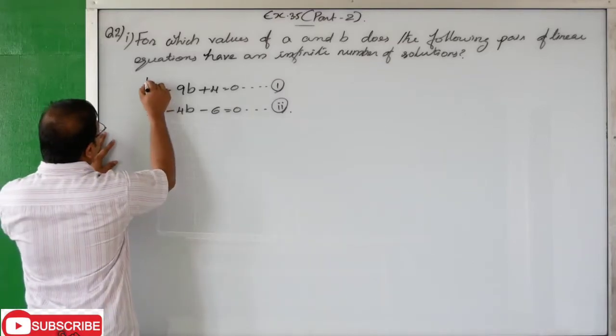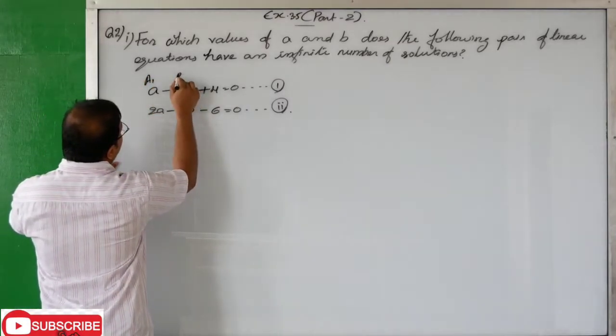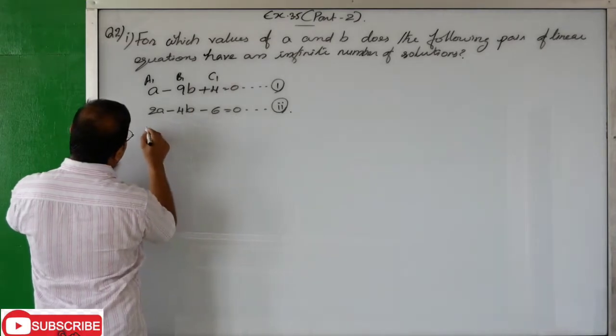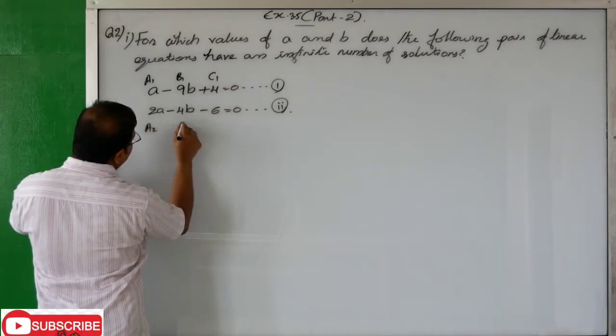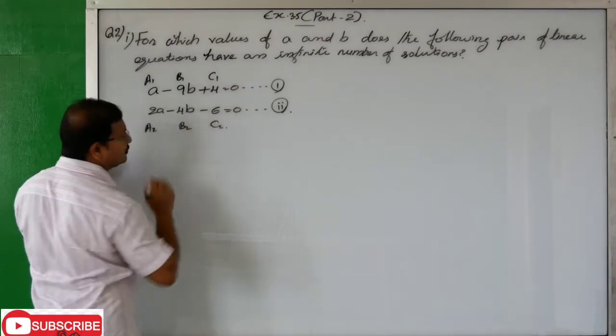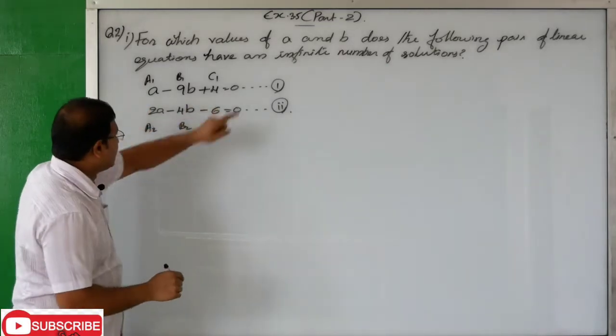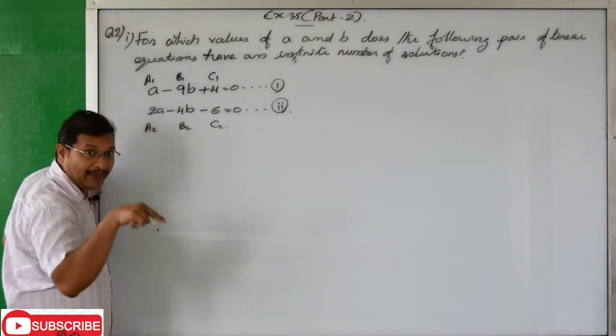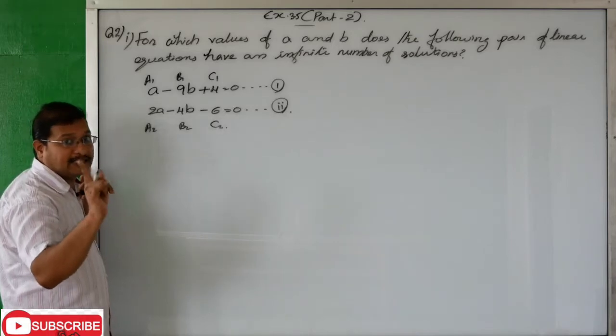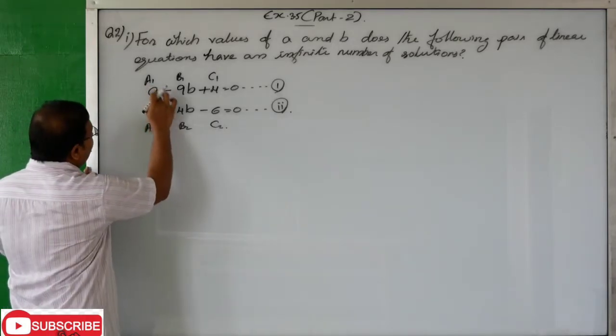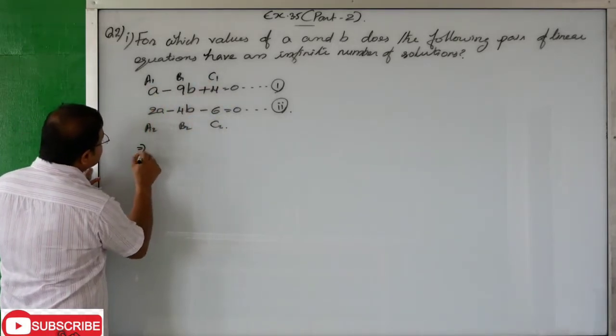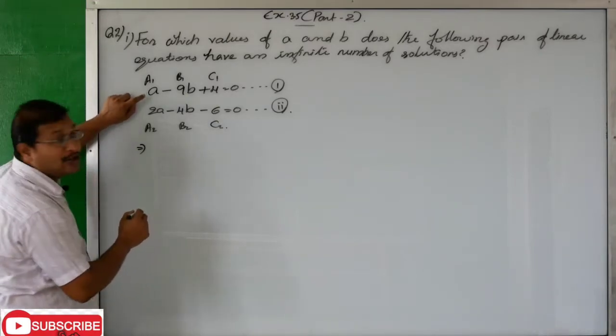So this one, here we can take a1, b1, c1. This will be a2, b2, c2. The thing is that in these equations, the variables are a and b, not x and y. So we are taking a1, b1, c1. Here, what is the value of a1 which is near to a?